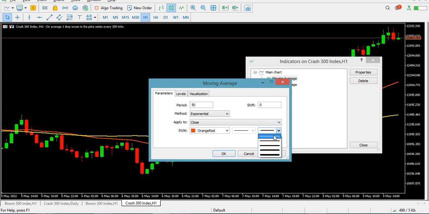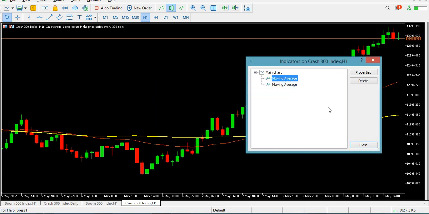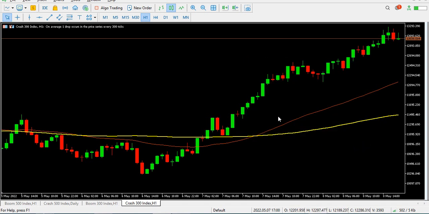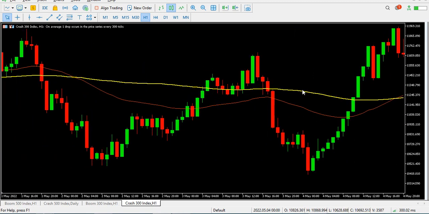This is the one we are using. You can choose a tinier one. Let's choose this one and see if it's okay. I think that is okay. So we have our 50 moving average red and tiny, while our 100 moving average is yellow and way thicker. So that is the first thing we need to do.